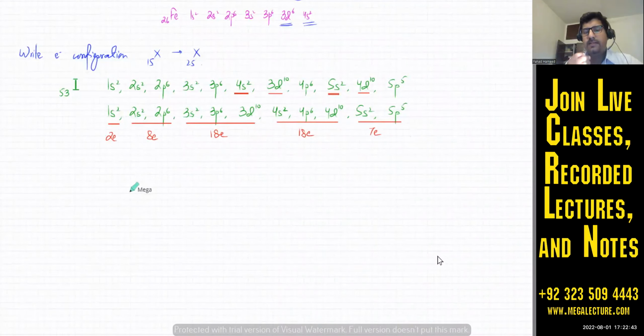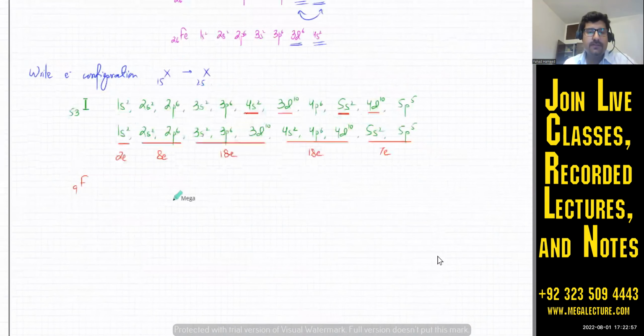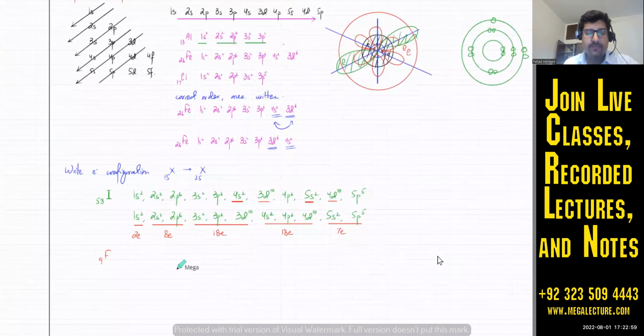Now what we want to do is just practice a few more. Let's say I take another group 7 element, fluorine, that's 9 electrons, right? Fluorine is easy, just follow the arrows. The first one, 1s, will have 2 electrons.